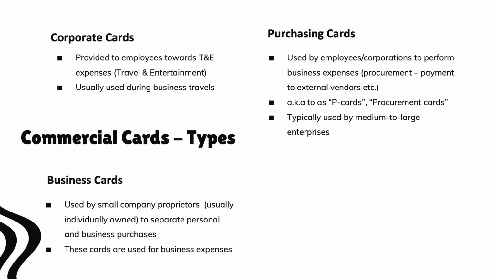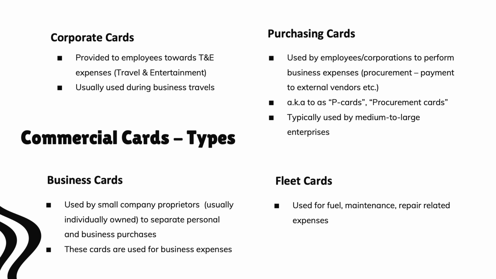The next type of card is the business card, which is usually used by small enterprises that are typically individually owned. The sole proprietors who usually want to separately track personal and business expenses use these cards.